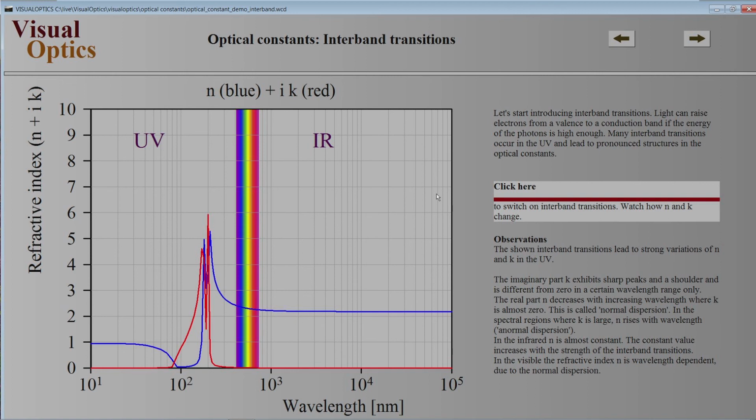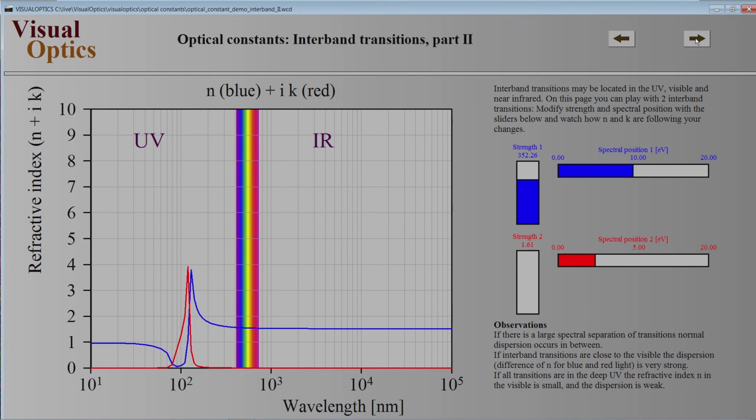So let's take a closer look at a single interband transition. Interband transitions occur in almost any material, may it be crystalline or amorphous or molecular systems which have electronic transitions, usually in the ultraviolet, and they are very strong interactions between light and matter.